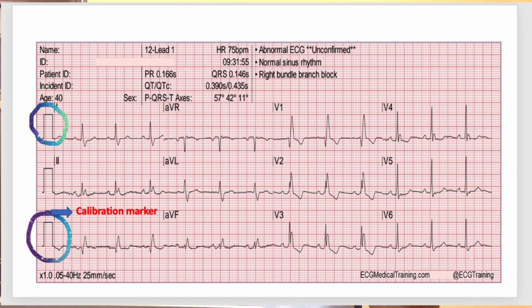And of course, we have stated that the standard that is usually used is 10 millimeters being equal to 1 millivolt. And on the horizontal axis, we notice that it covers one large square that in essence is 0.2 seconds. And using the standard rate of 25 millimeters per second, one large box will be equal to 0.2 seconds.